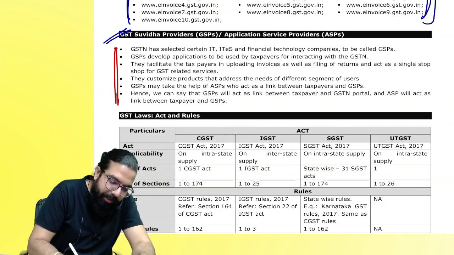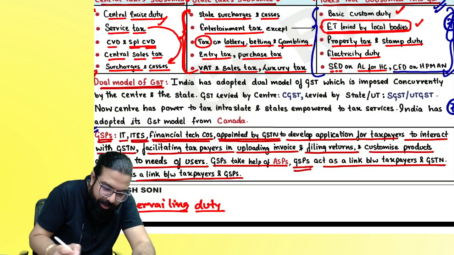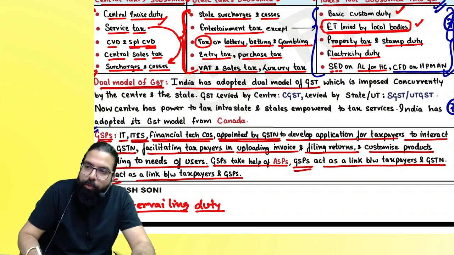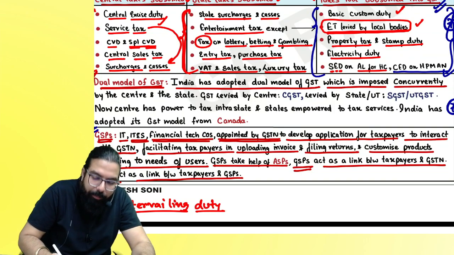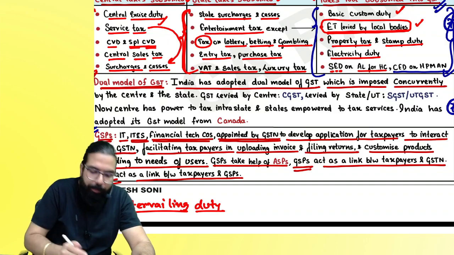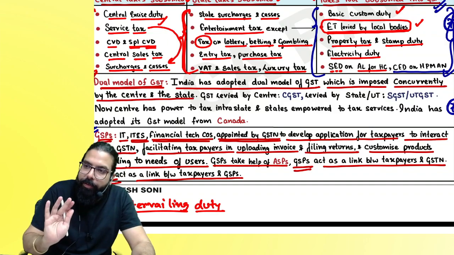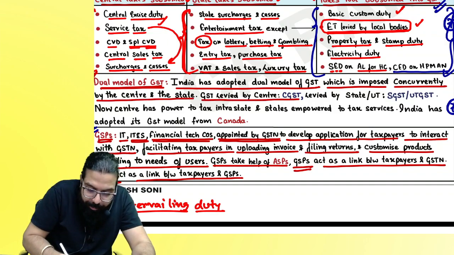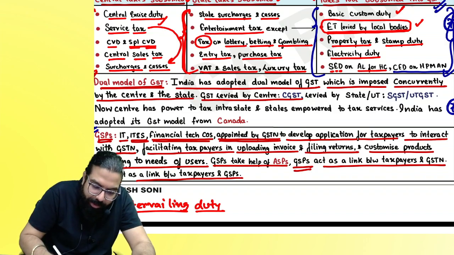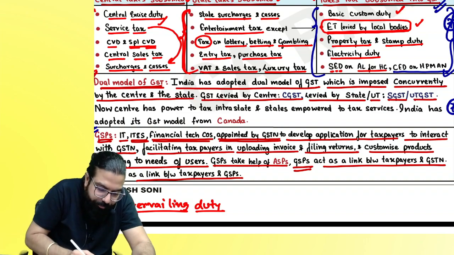Everyone, over here the same thing has been told, the dual model of GST. India has adopted which model? Dual model, which is concurrent, meaning together on any transaction happening, center and state will impose GST. GST levied by the center is known as CGST, levied by state or UT is known as SGST or UTGST.